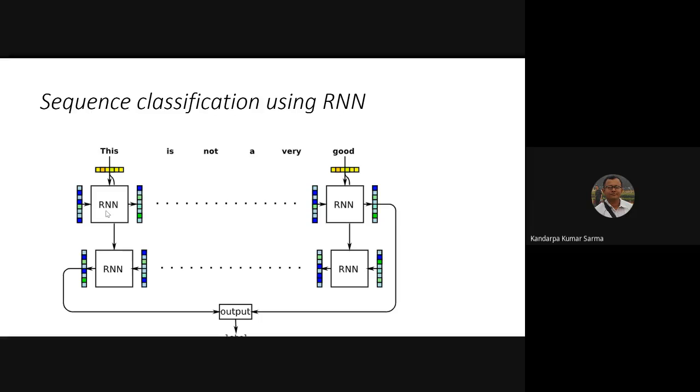So they will feed from left to right, or will feed from top to bottom. Now that way, the first block or the preceding block, laterally and vertically, will keep the context, learn the context, and pass it to the subsequent block. So that way, it can learn to classify sequences.